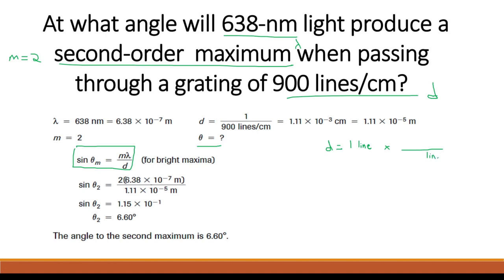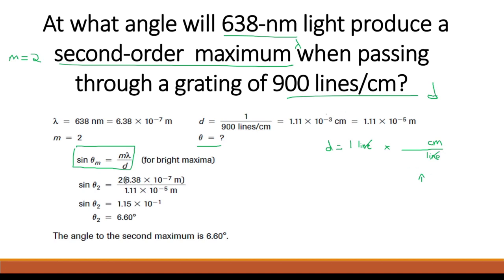To get the units right, we're going to have it in lines, and we want our desirable unit on top, so the lines will cancel out. We need to make sure this conversion factor is equal to 1.